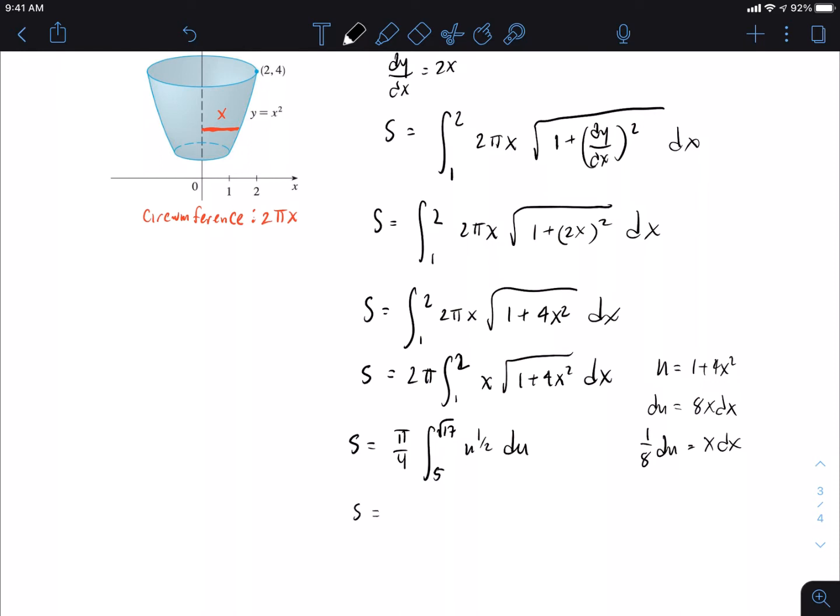And that's going to give me pi over 4 u to the 3/2 times 2/3, right? That's going to multiply. Evaluated from 5 to root 17. And that's going to give me pi over 6, 17 root 17 minus 5 root 5. And obviously, units squared.